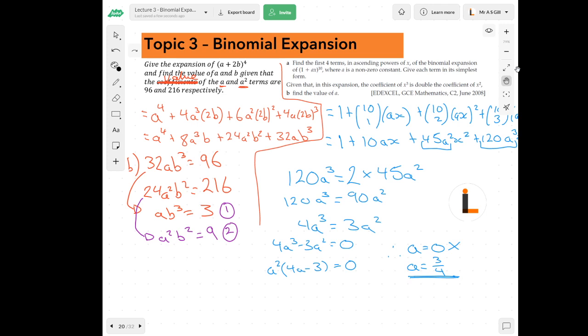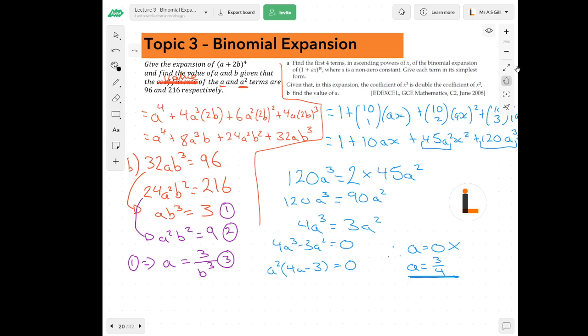So what I'm going to do is rearrange equation 1 and make A the subject. So we get A equals 3 over B cubed. Let's call this equation 3, and then I'm going to substitute equation 3 into equation 2.